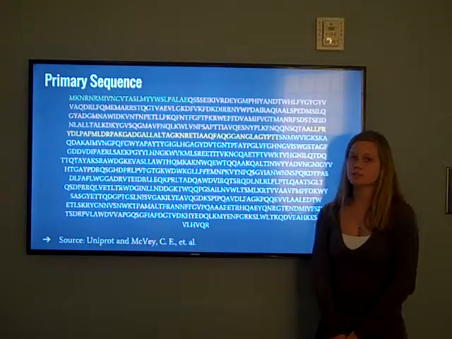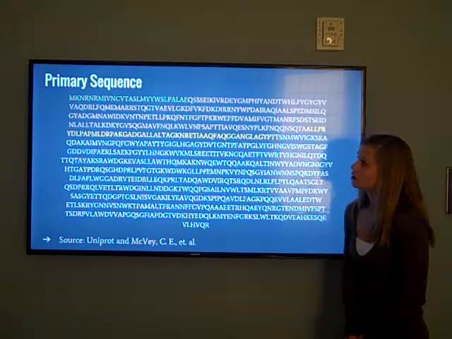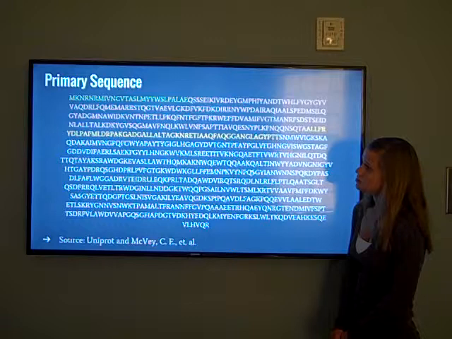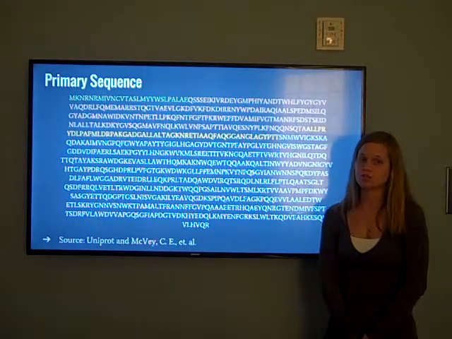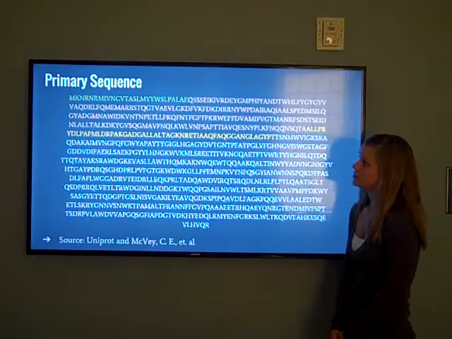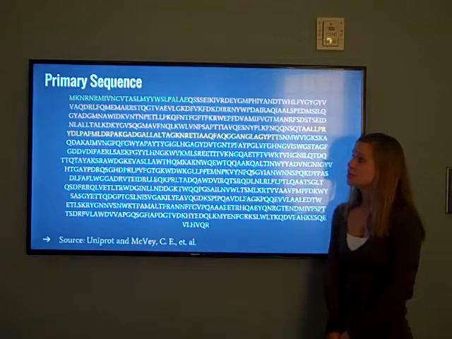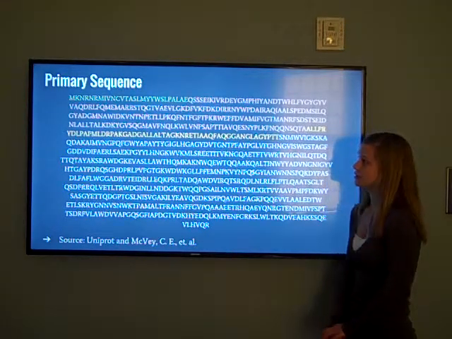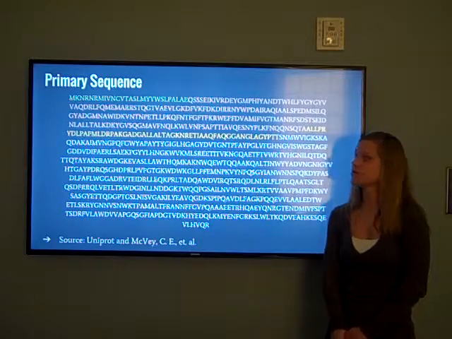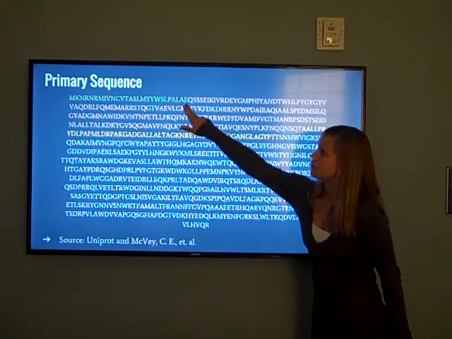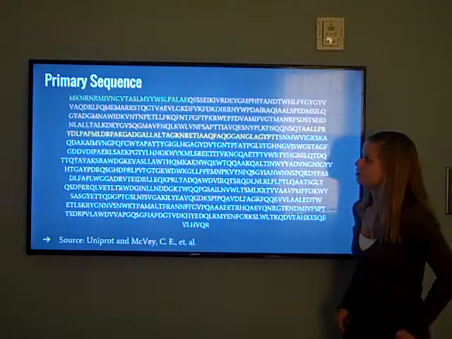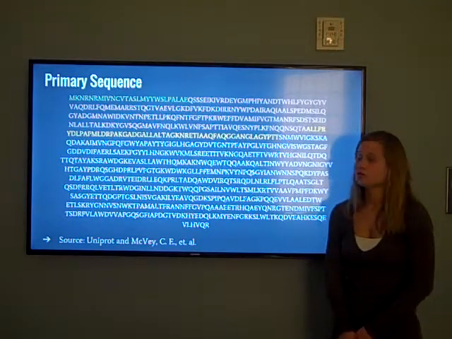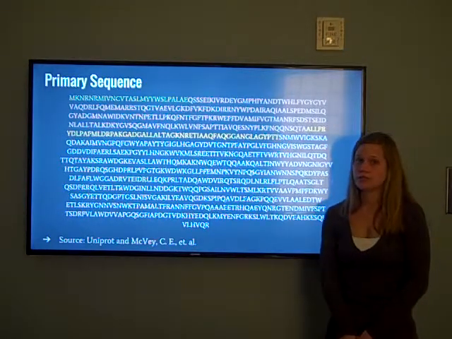So this is the primary sequence of PGA. The entire enzyme consists of 846 amino acid residues, and it is divided into 4 segments. An N-terminal signal sequence, 2 polypeptide chains, and a spacer peptide between the 2 chains. In green here you can see the N-terminal signal sequence, which is used to direct the enzyme to the periplasm.